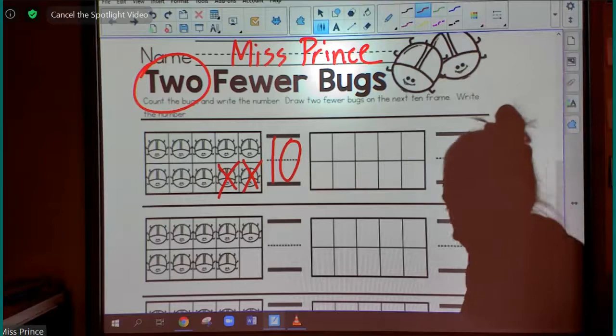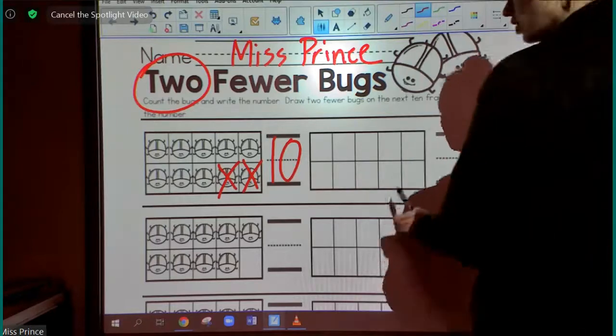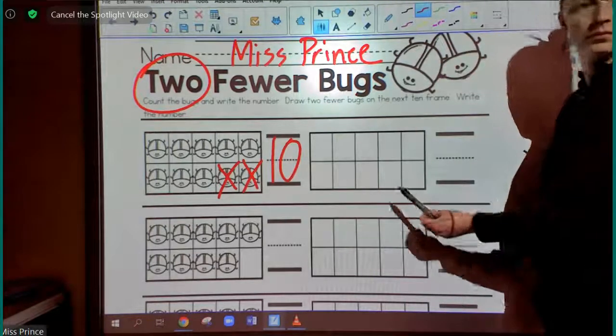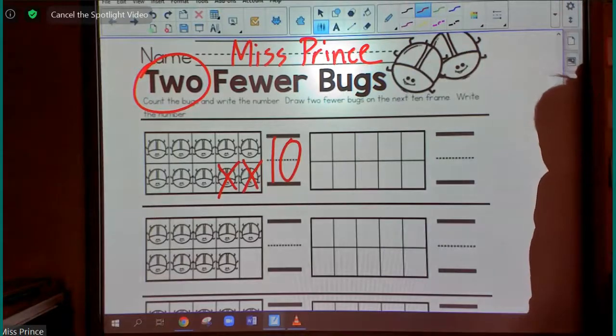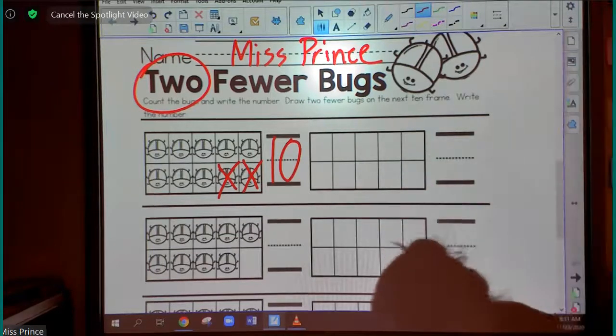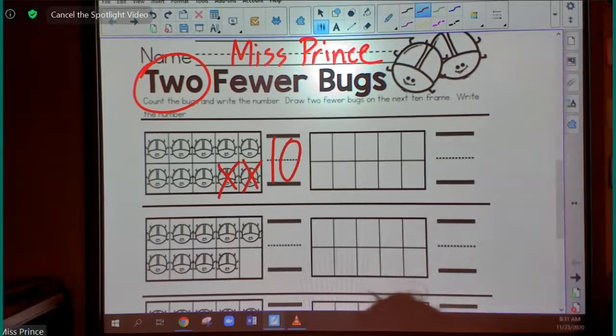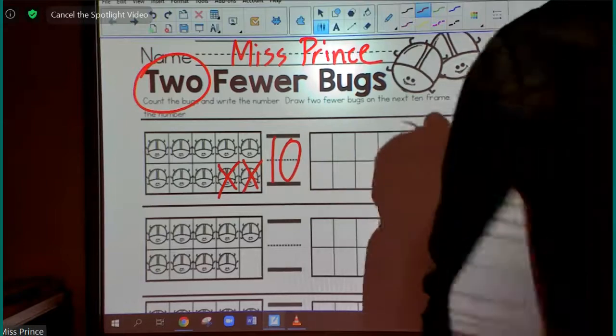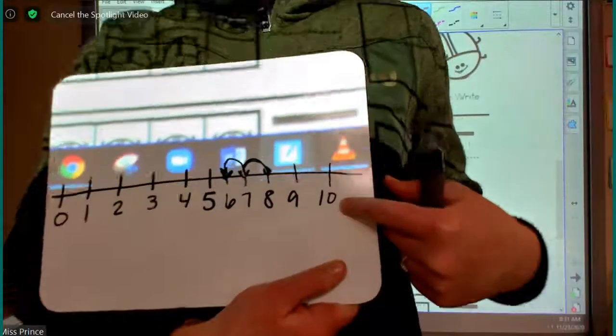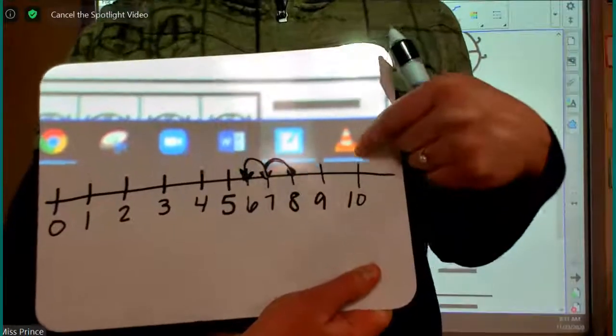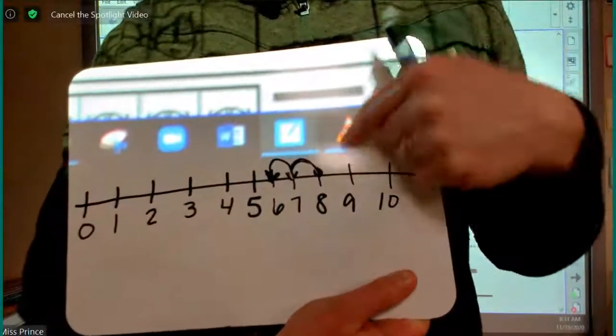All right, I'm moving on. Angela, how many am I going to draw over here? So we're not adding 2, we're getting rid of 2. I want you to look up here. I have 10 right now, I'm getting rid of 2, so I need to get smaller. 1, 2.